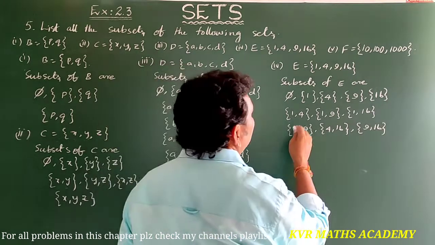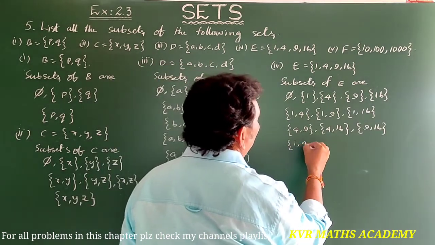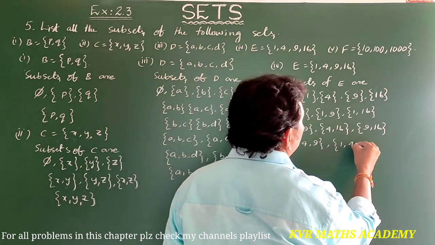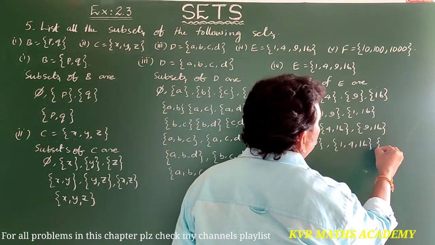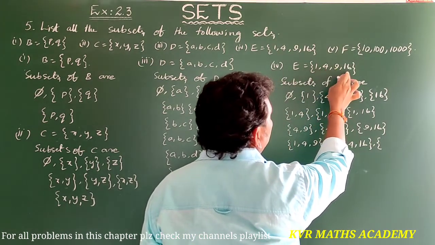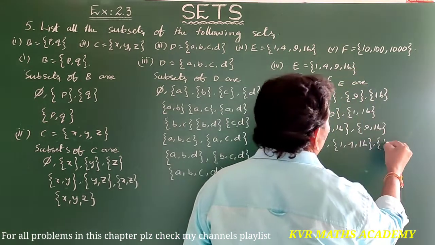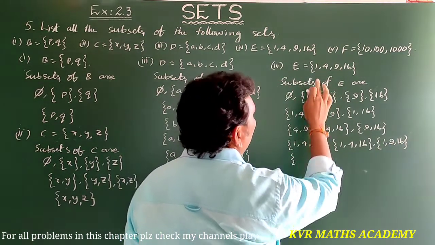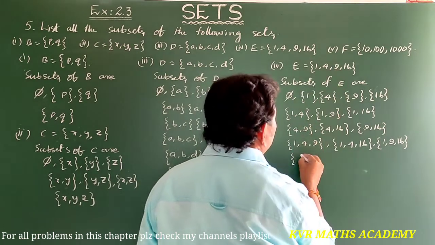Next, three elements. Set of 1, 4, 9. Set of 1, 4, 16. Next, set of 1, 9, 16. Next set of 4, 9, 16.